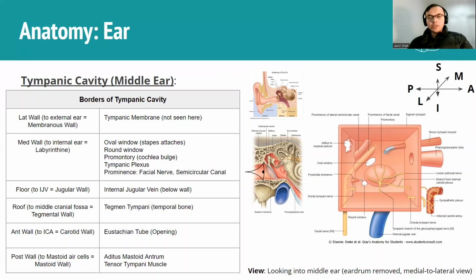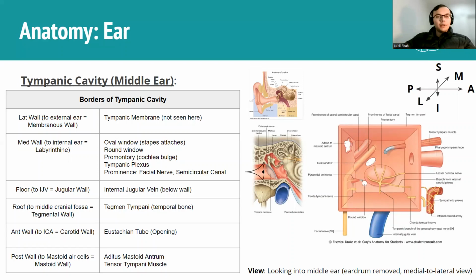In terms of structures, again, we've removed all of the bones. So stuff that's left behind includes the oval window, which is the window or part of the inner ear where the stapes attaches, which is that final bone in the ossicle series. Then you have the round window, and again, we'll cover the significance of that in the physiology of hearing. We have the promontory, which is the bulge of the cochlear organ, sort of against that wall.